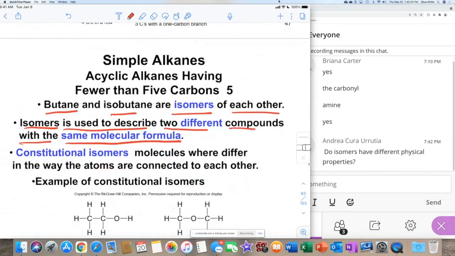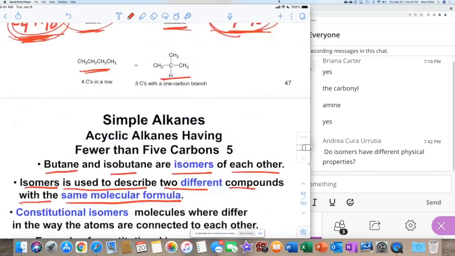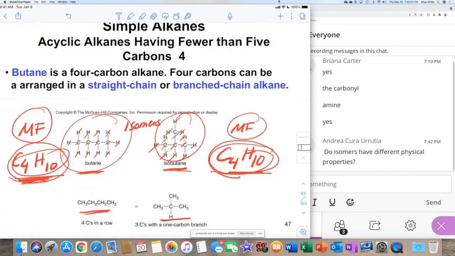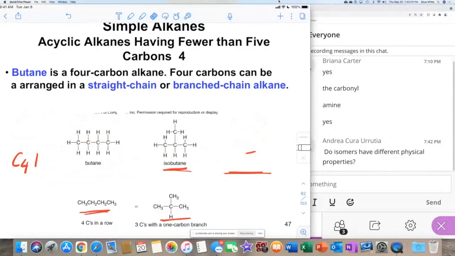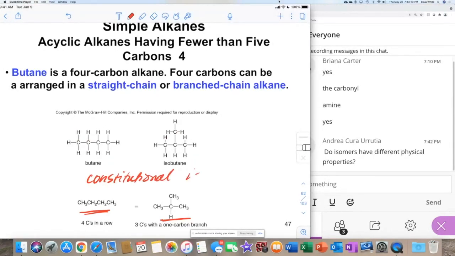So we'll talk about different isomers because I think your lab, I don't know if it's a lab for today, one of the labs, I get confused now, has you separating two different formulas based on whether they're different completely, or spatial isomers or constitutional isomers. So essentially, we said these are isomers, right? The proper term to describe this is constitutional isomer.